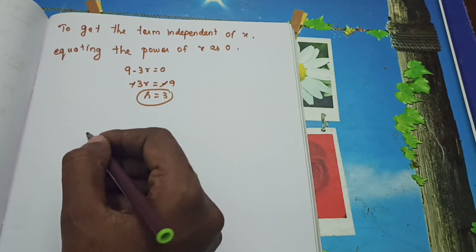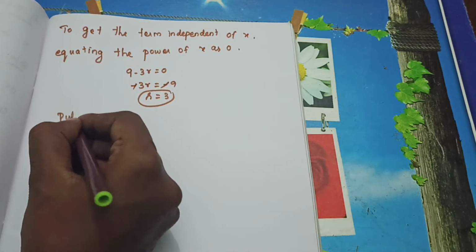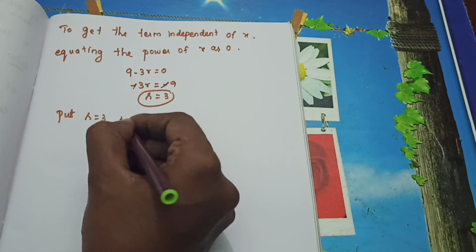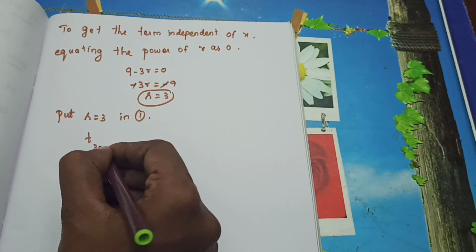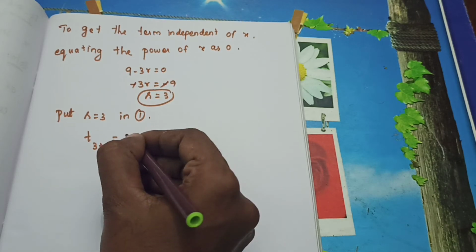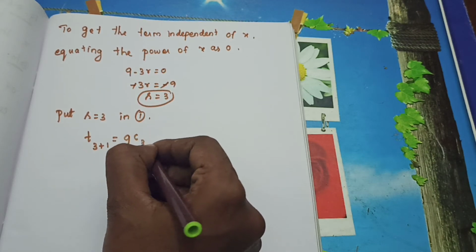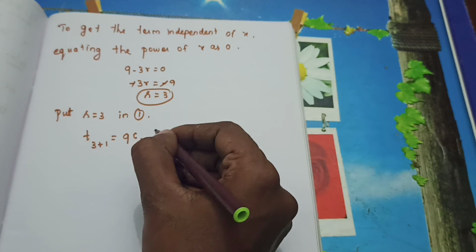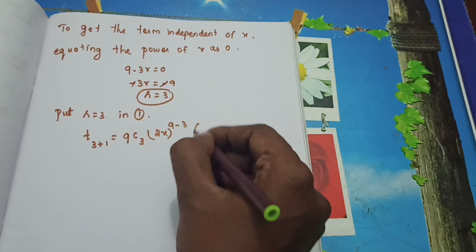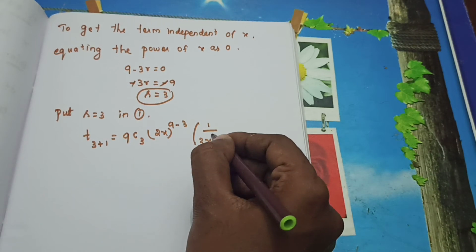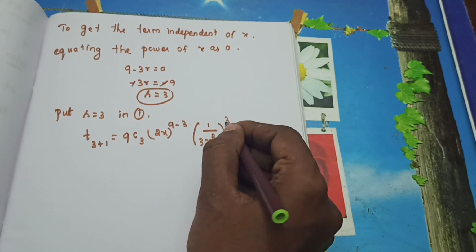Now we have found r equal to 3. Now substitute r equal to 3 in equation 1. So T(3+1) is equal to 9C3 (2x)^(9−3) (1/(3x²))^3.